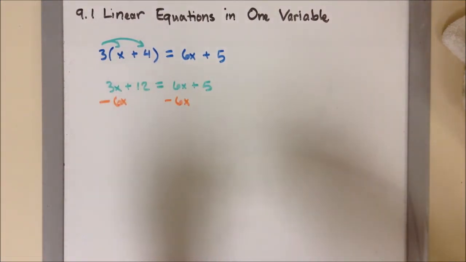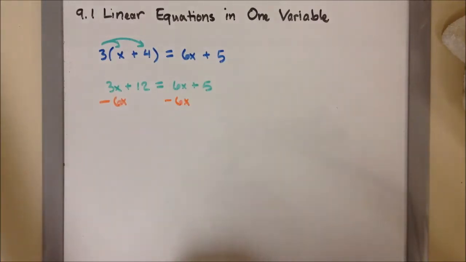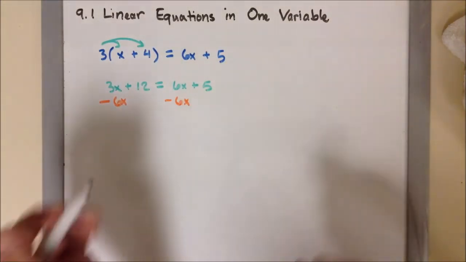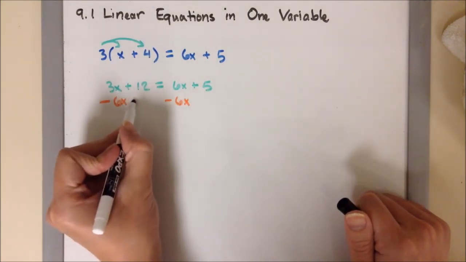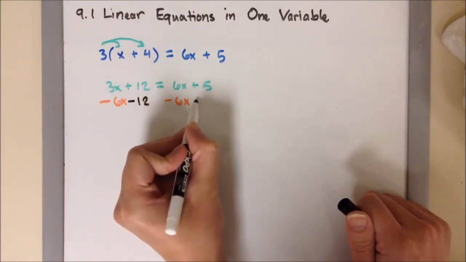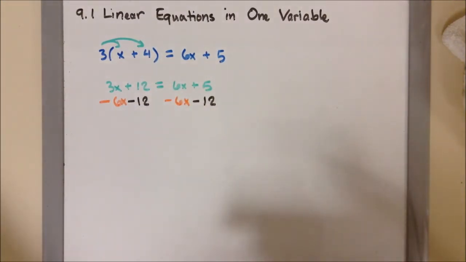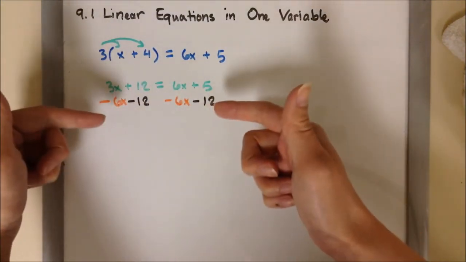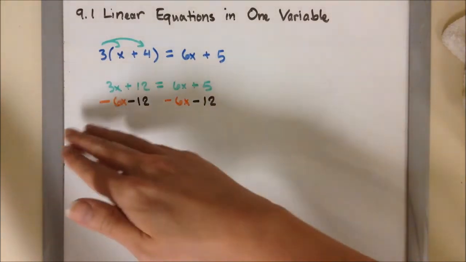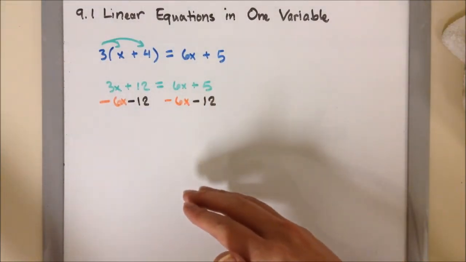Since I'm getting my variables on the left, that means I want to get my numbers to the right. So I want to cancel out the plus 12 from the left. So minus 12 on the left, and then minus 12 on the right. So when I do that, I'm basically doing two steps at once. So this is going to be less work for me to write.